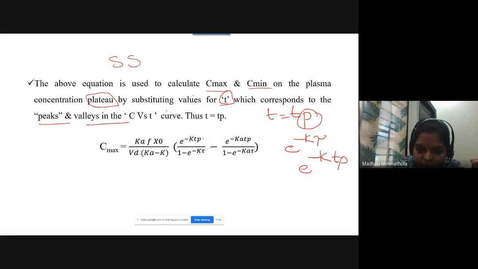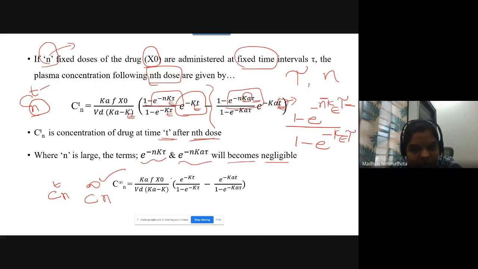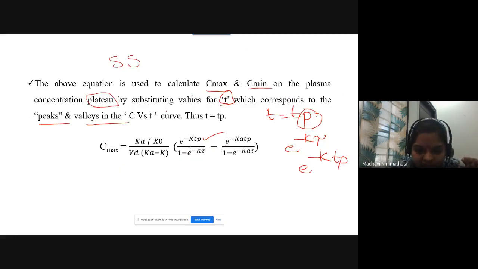So this is the equation. The equation is the same as the previous equation. Only one thing you have to change: instead of writing t, here you are going to write tp. We are considering peak time of plasma drug concentration at the plateau state. Plateau state is nothing but the steady state.